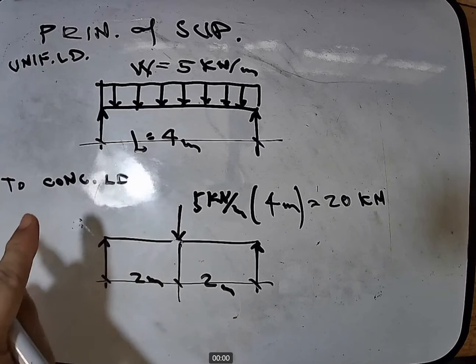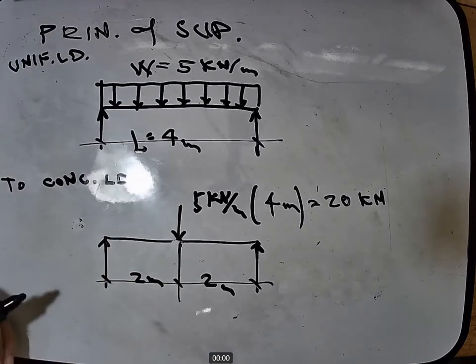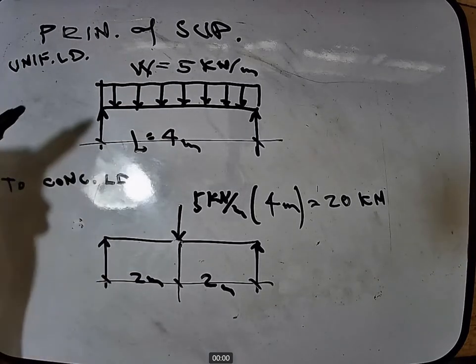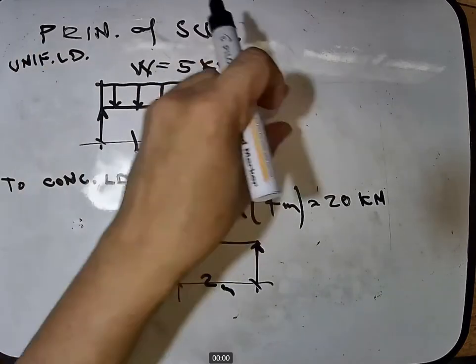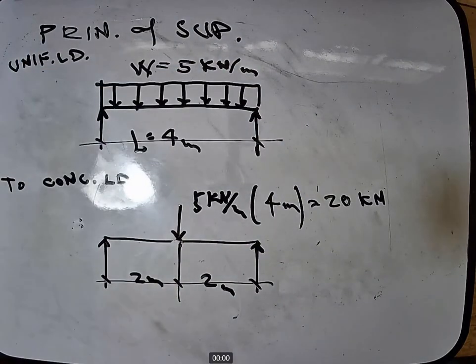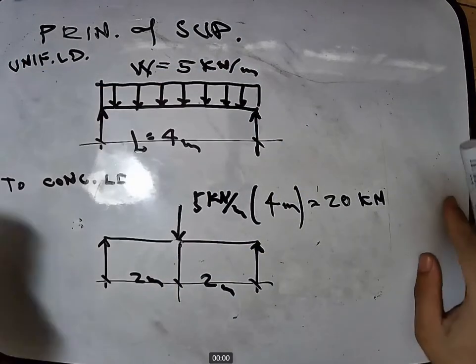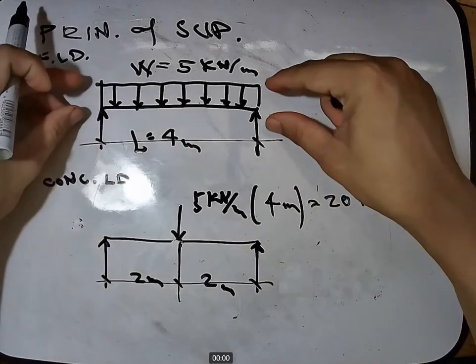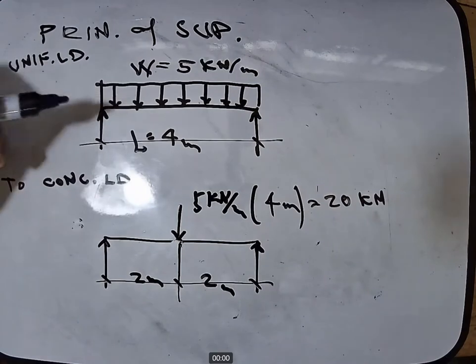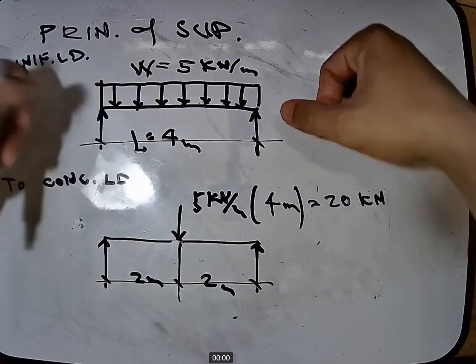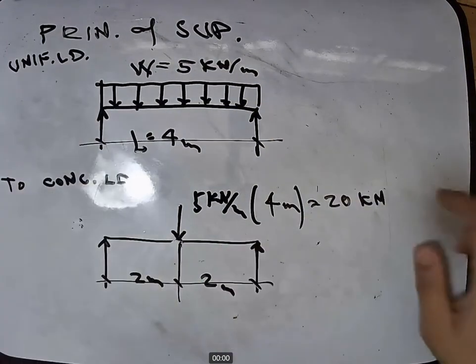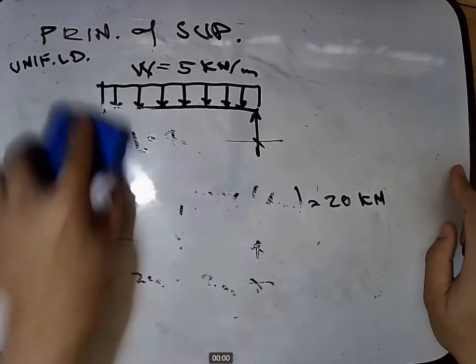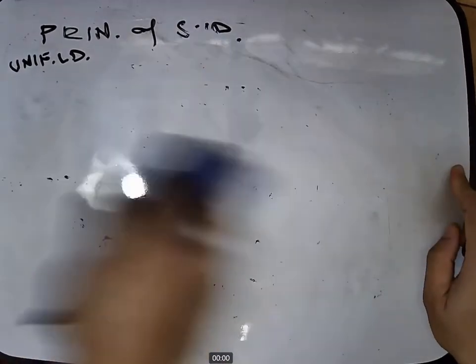So, ang tawag dyan ay principle of superposition. Meaning, you simplify the load to a single point load. So, this is for uniform loads. Take note, for a uniform load, ang kanyang centroid is nasa gitna. It is at L over 2. So, this is rectangular load.